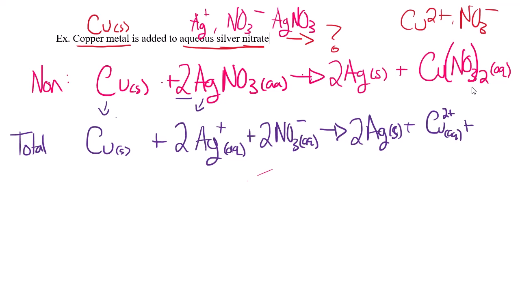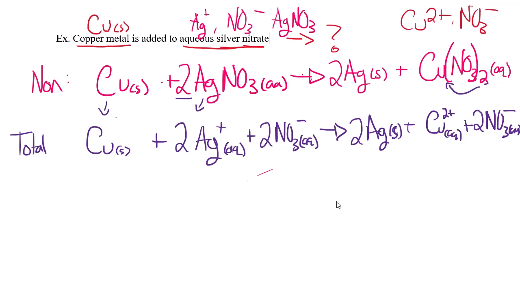So we don't leave it as a subscript. The 2 is going to come out as a coefficient. There'll be 2 nitrates floating around in the solution like this. Okay, so anytime you have a subscript, it comes out as a coefficient in front of the number. And you're going to see that anytime you have an ionic compound like this that needed to be balanced as such.